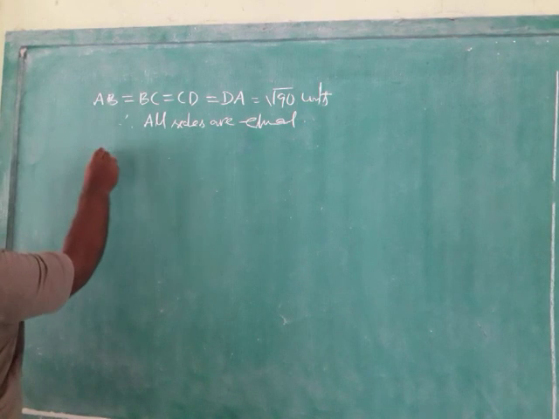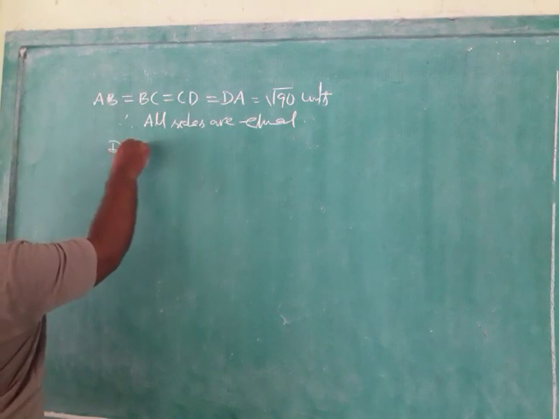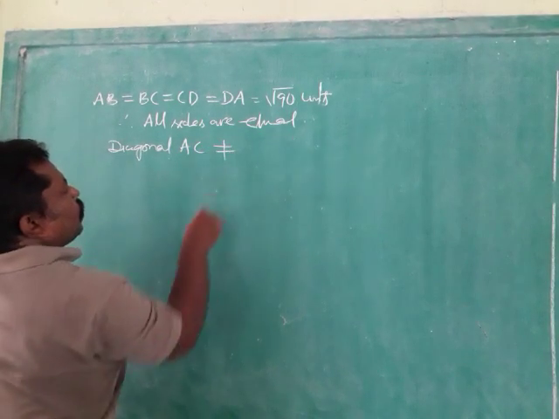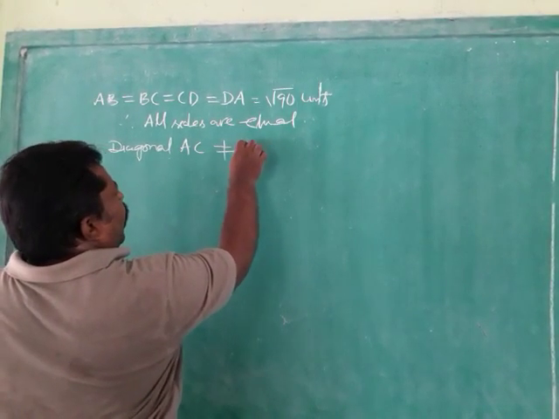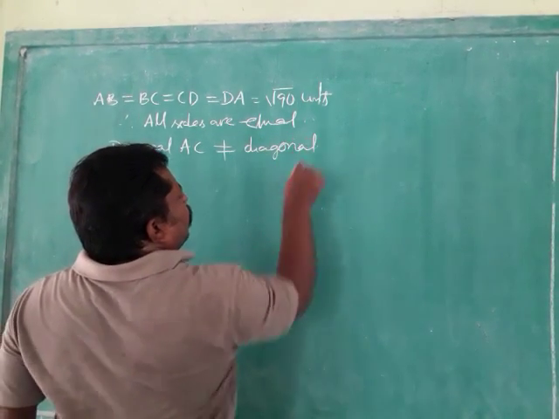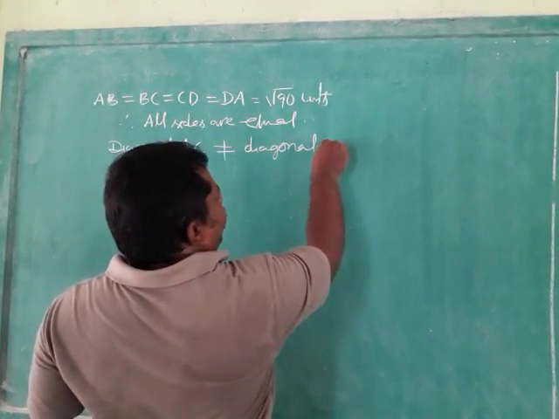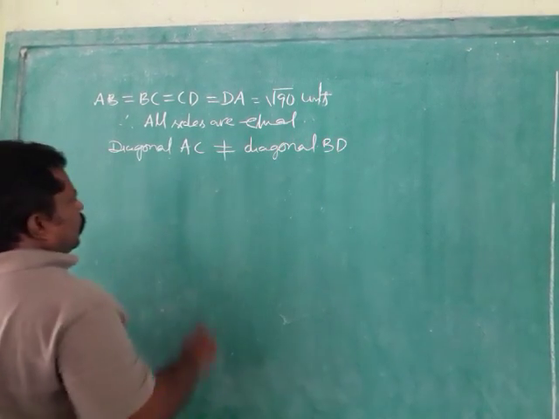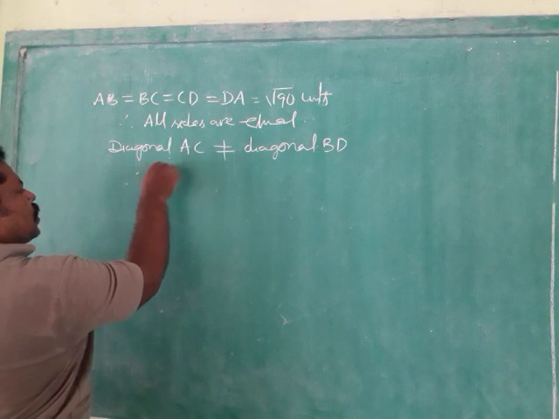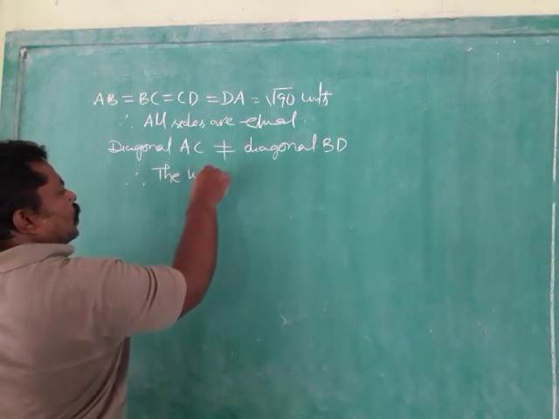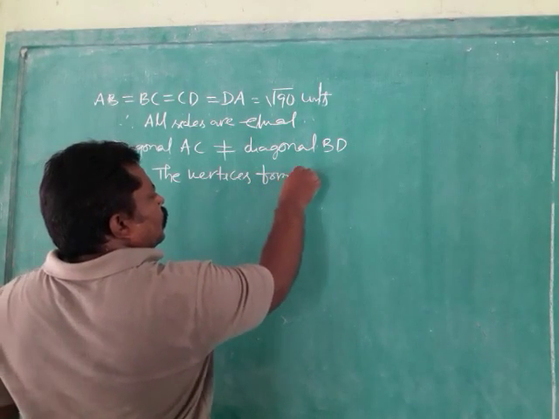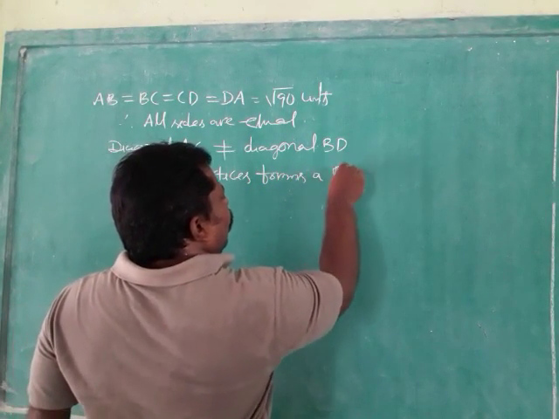Next one, diagonal AC is not equal to diagonal BD. Therefore, the vertices form a rhombus.